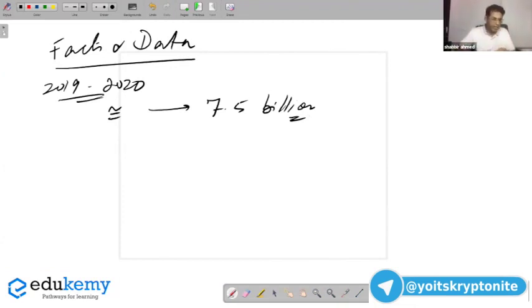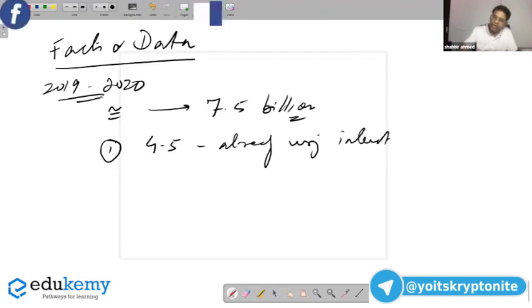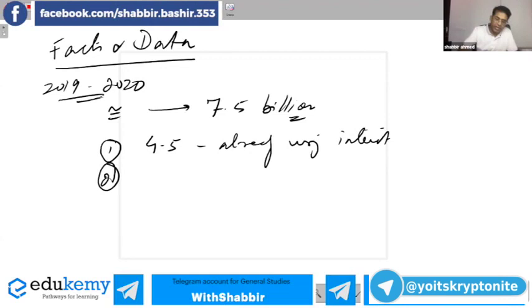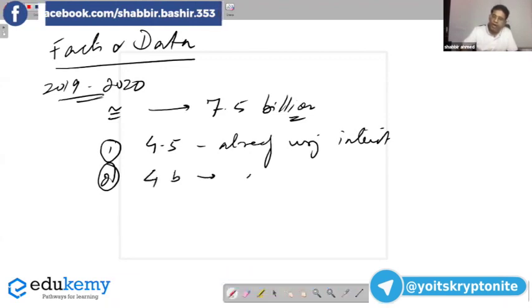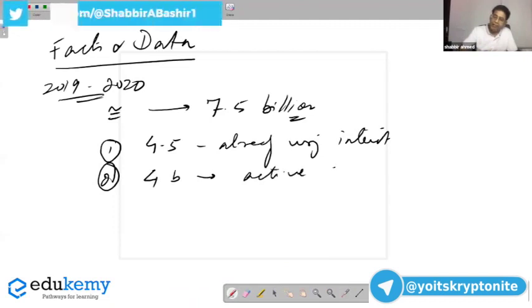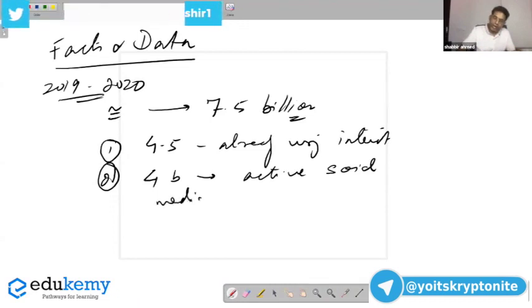We are approximately 7.5 billion population, of which around 4 to 5 billion are already using internet. Almost 4 billion are active social media users.